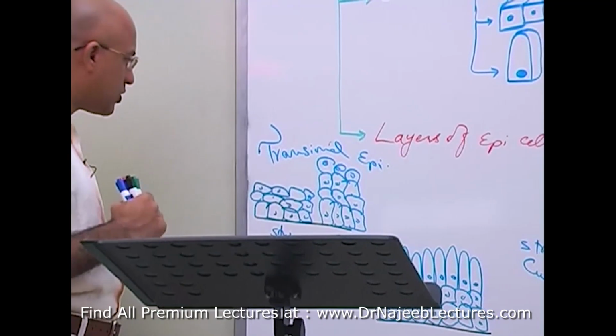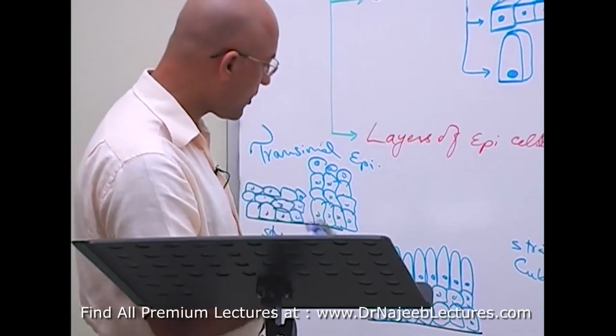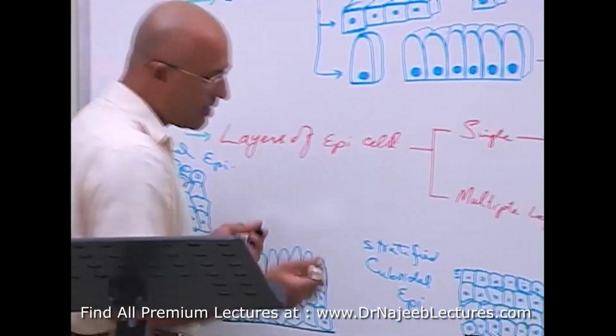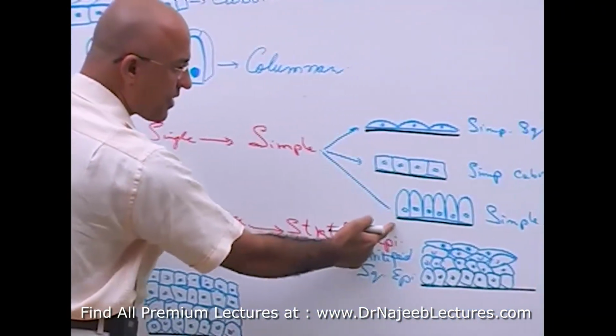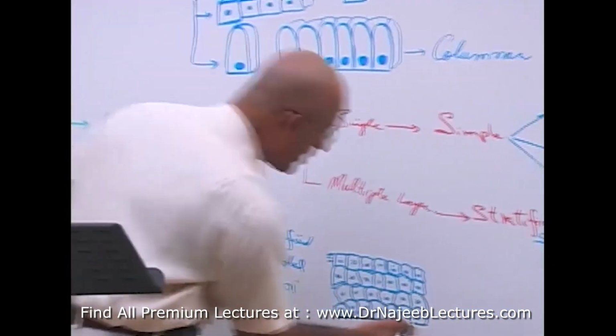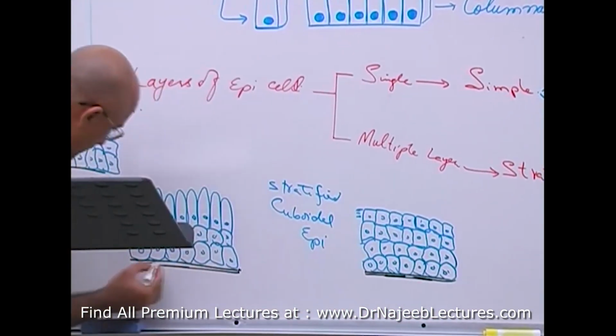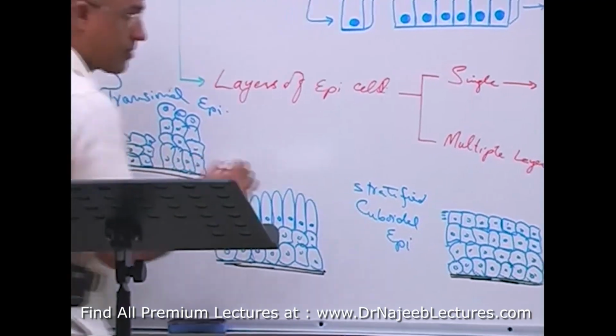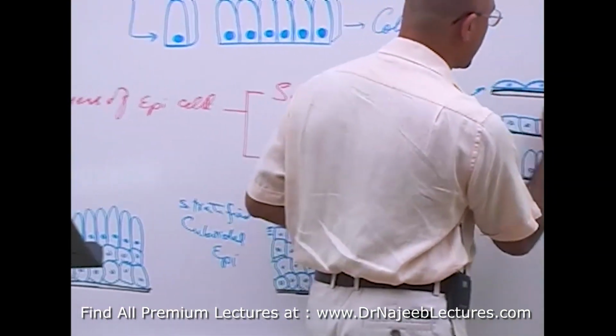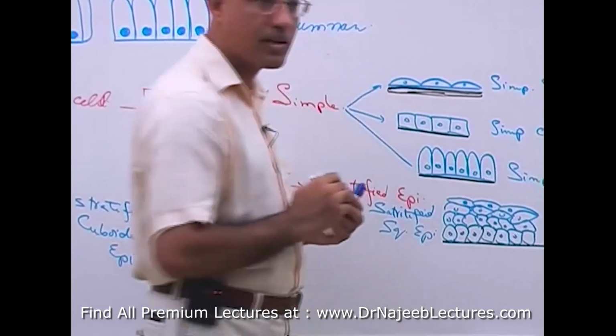Now, what we have seen is that there are simple epithelia and there are stratified epithelia. Now we go into a little more detail of every epithelium. Simple squamous epithelium, where is it found?